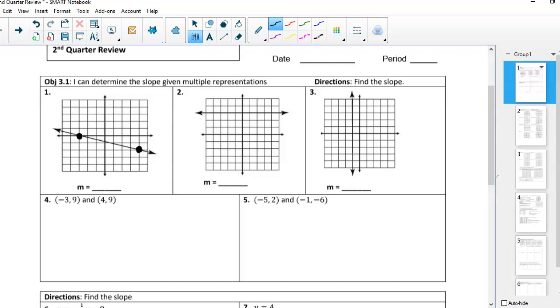Negative 2 over, what was the second number? 7. Good job. So remember that you could start at either point and go down and right, or you could start at this point and go up and left.